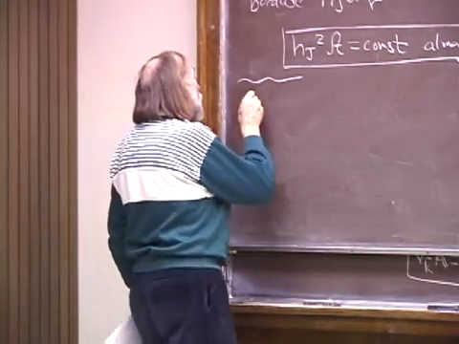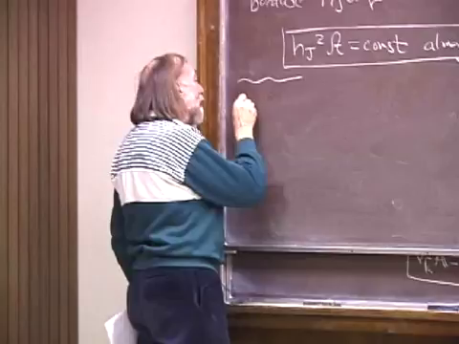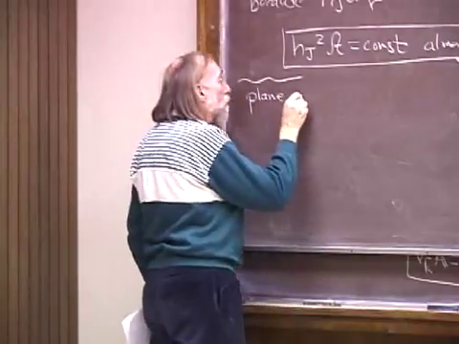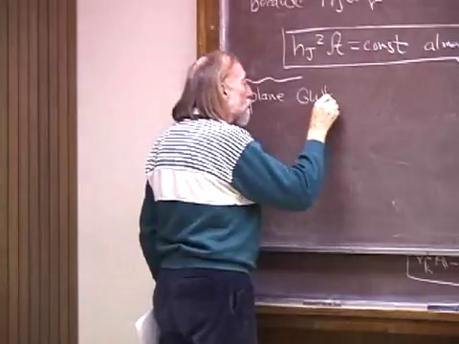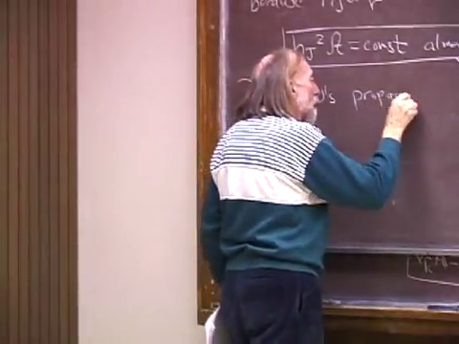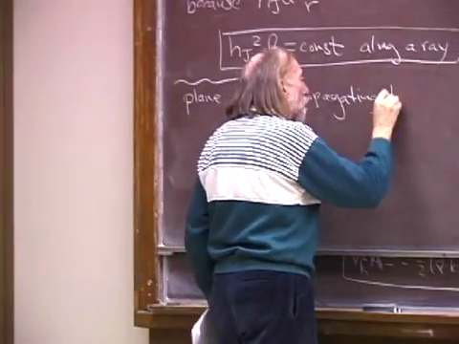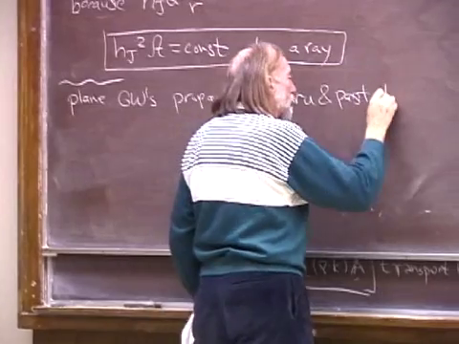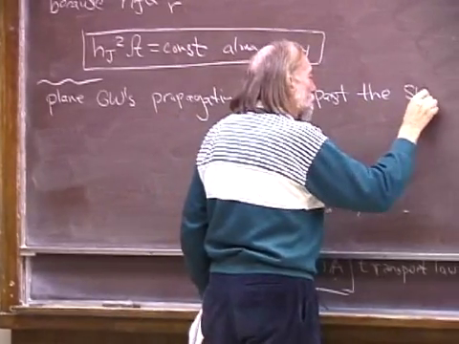So I want to consider plane fronted gravitational waves propagating through and past the sun.